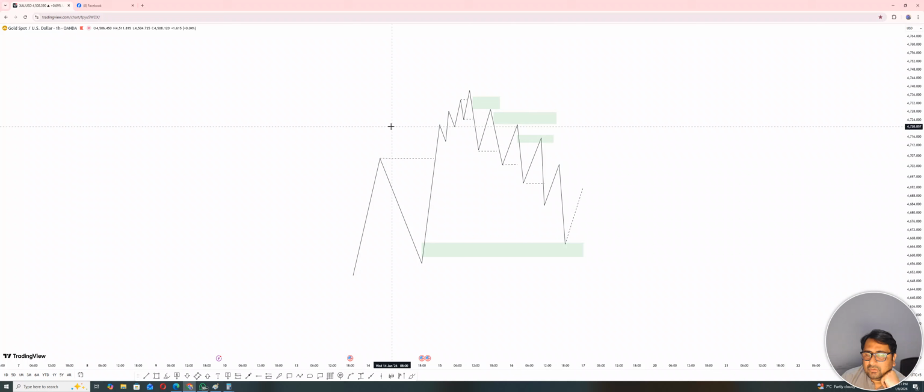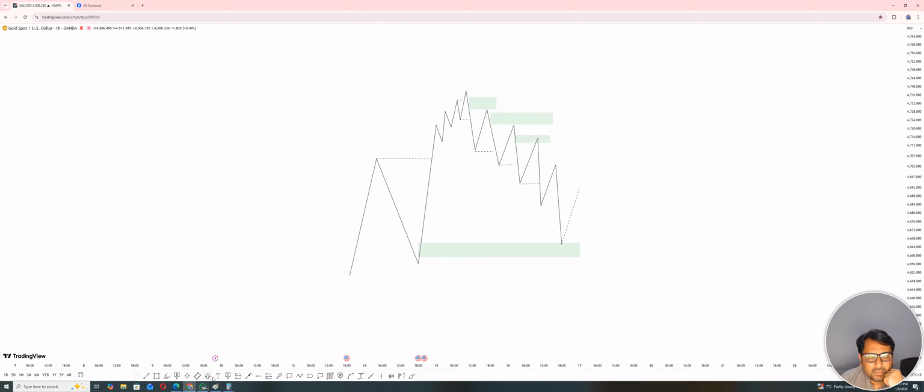When you have a higher time frame break, then you leave the smaller time frame. For example, I am writing here. We have H1, H4, daily, and weekly. If you have an H1 structure, you do not need to see M30, M15, or any lower time frame.